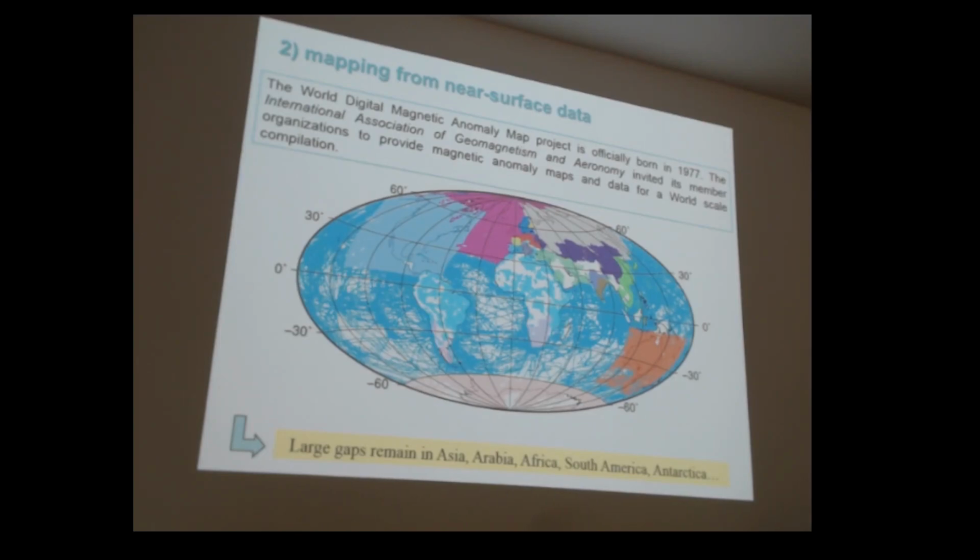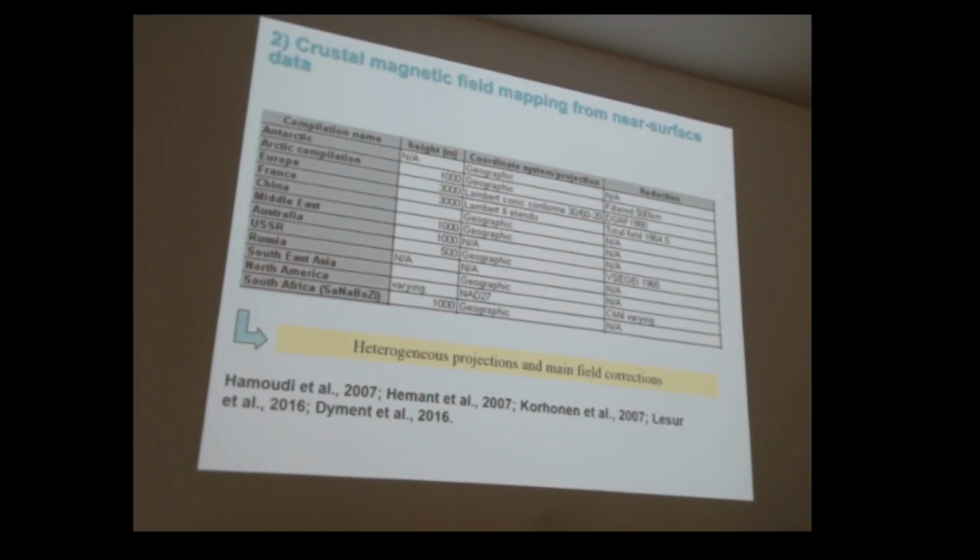We are trying to reprocess everything to make this map useful for quantitative analysis, but at the moment it's more for qualitative analysis. Another thing is that, I don't know why, but everyone has their own coordinate system.